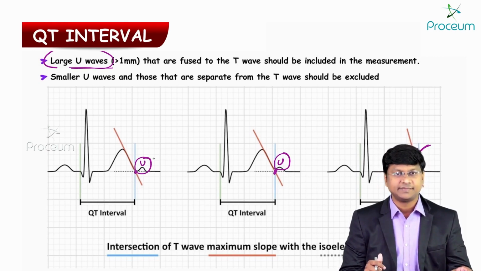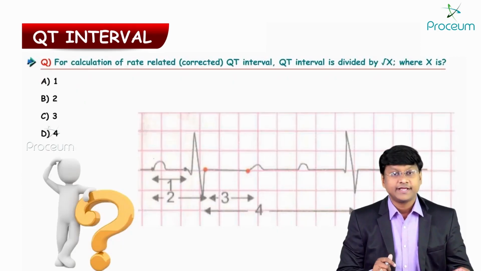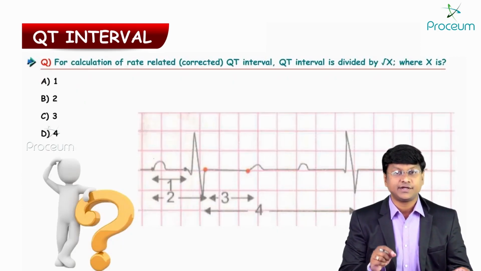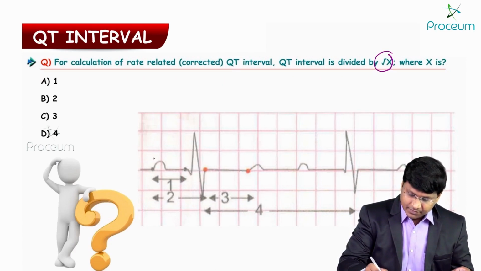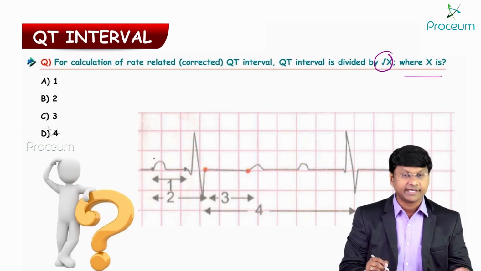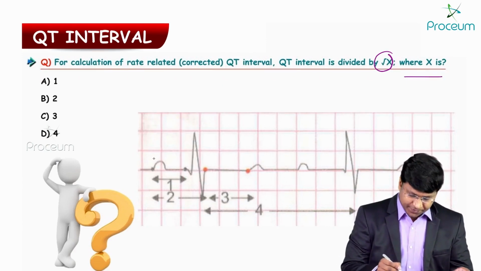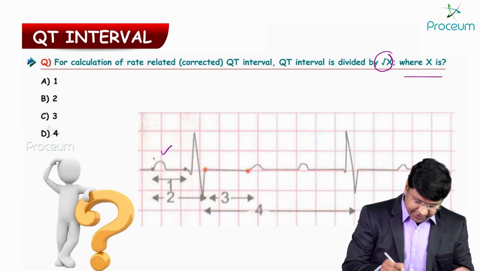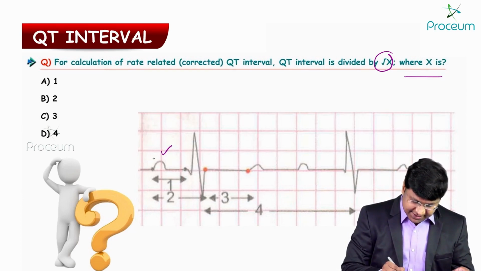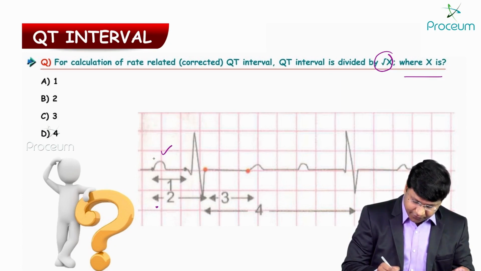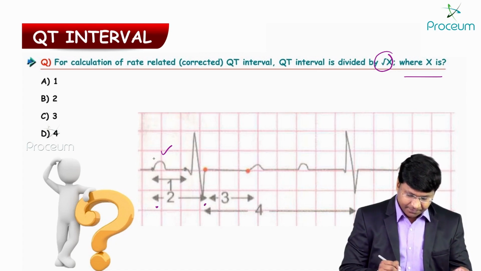Like, you just see a multiple choice question here. For calculation of rate related QT interval, the QT interval is divided by root of x. What is this particular x? First option is the PR interval. Second option is from the starting of the P wave to the end of the S wave.